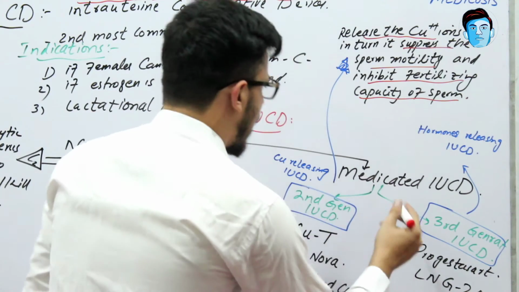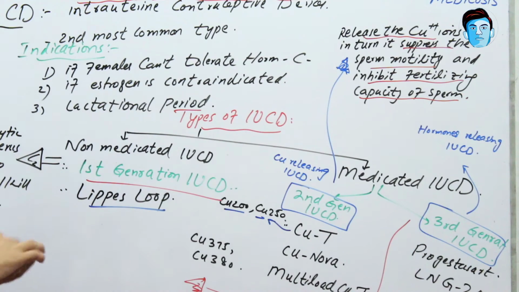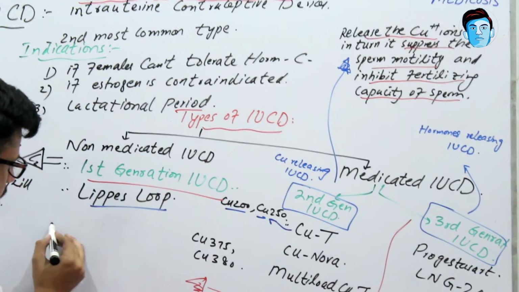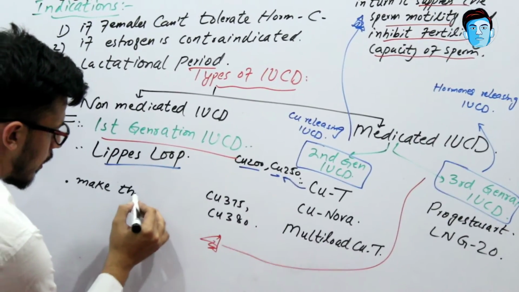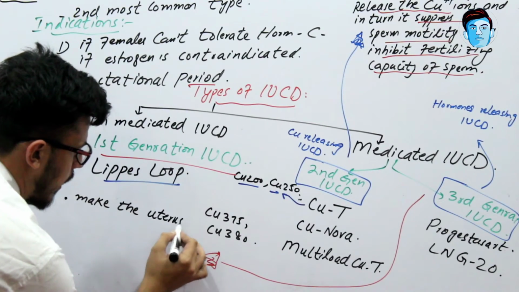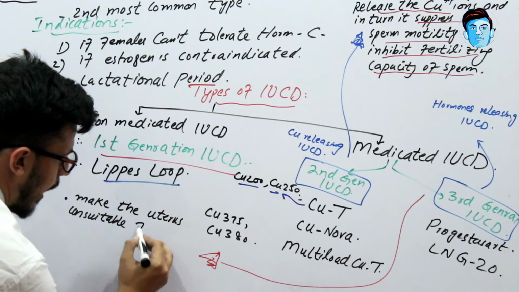These third generation IUCDs make the uterus unsuitable for implantation.